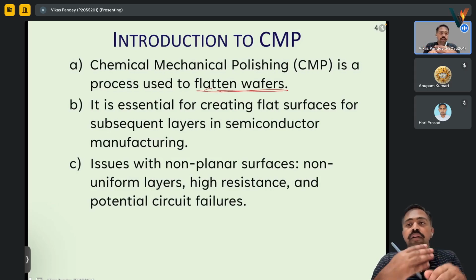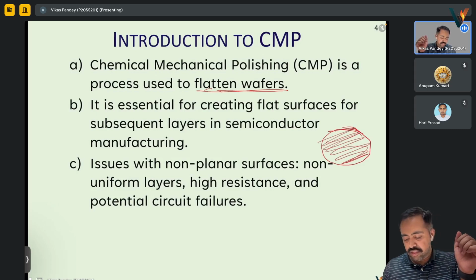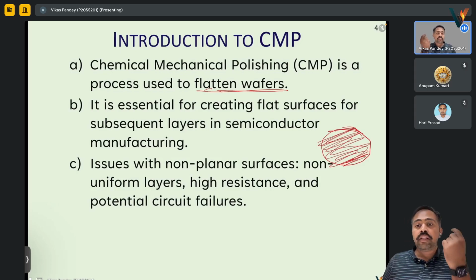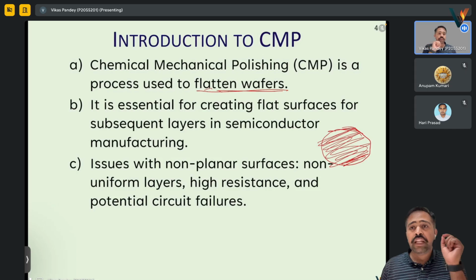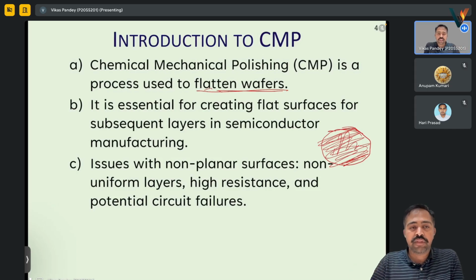There are also conformal issues: on a wafer, if we are depositing a metal throughout, the thickness will have some variation. Although we might have tried to minimize it, there will be some variation.